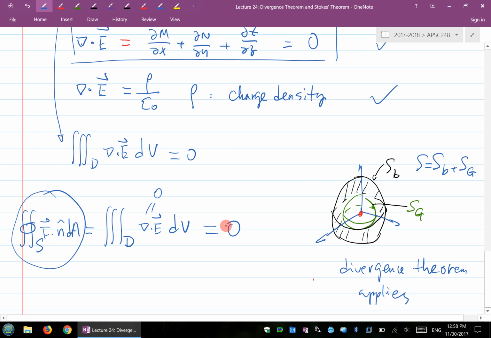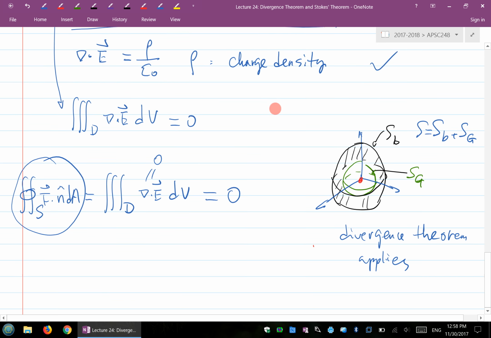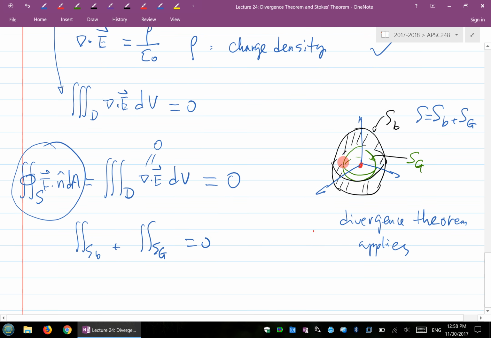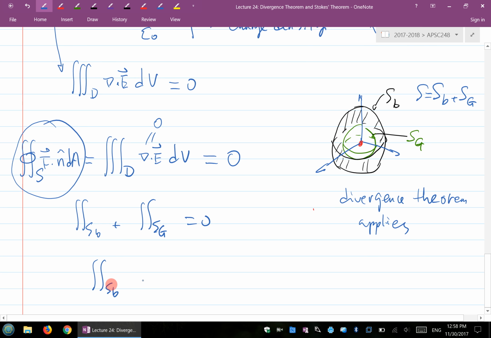So now, what does this 0 mean? The surface integral over SB plus SG equals 0. What does it mean? Basically it means the flux going through SB equals the flux going through the negative SG.